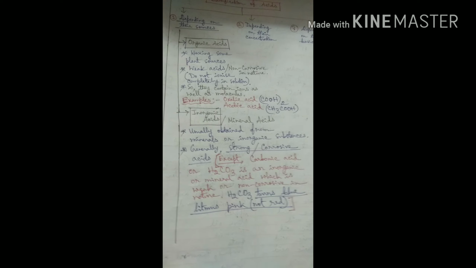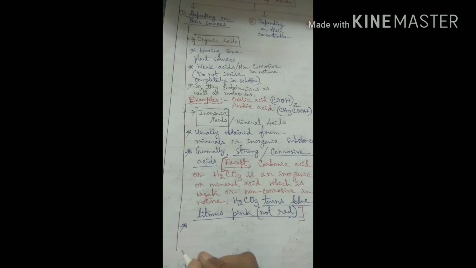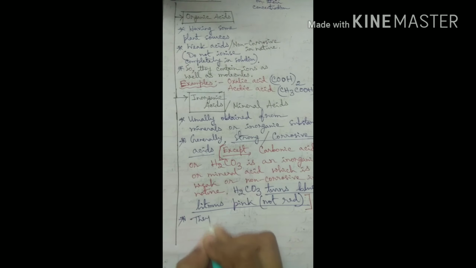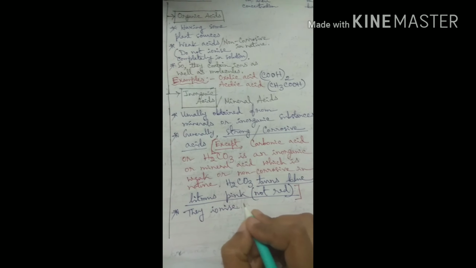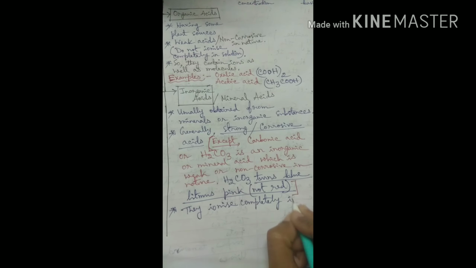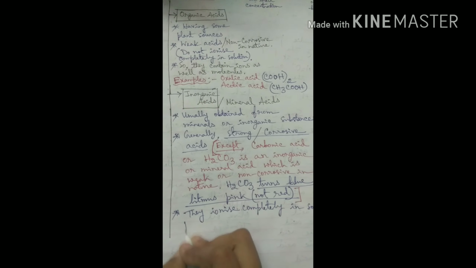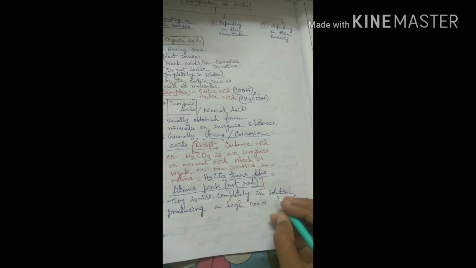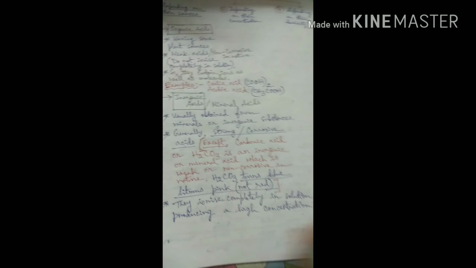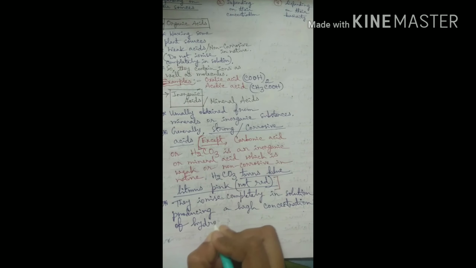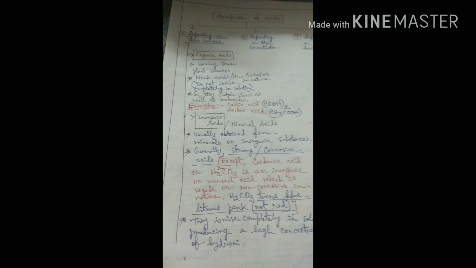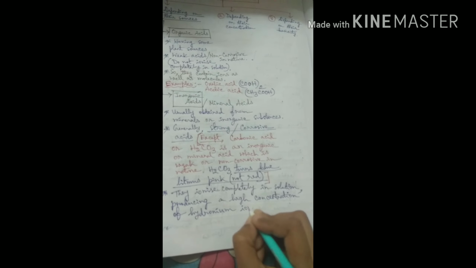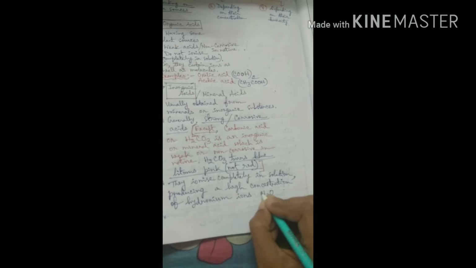Point number 3 of inorganic or mineral acids: they are generally strong or corrosive acids, that means they ionize completely in solution, producing a high concentration of hydronium ions, or H3O plus.